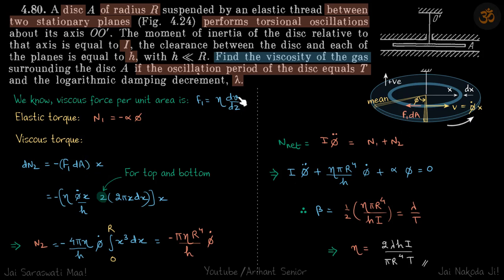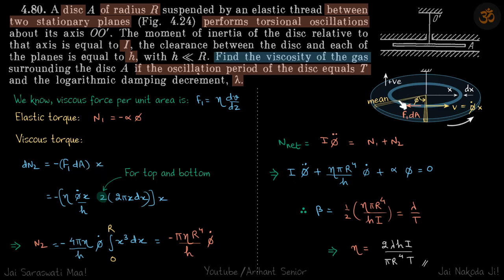Now F1 is eta dV by dz. The velocity will be phi dot x, and z will be the height, so dV by dz will be phi dot x by h. So F1 is eta into phi dot x by h.